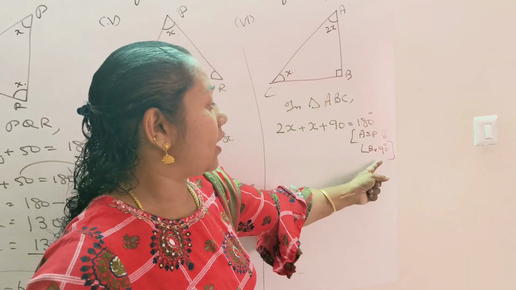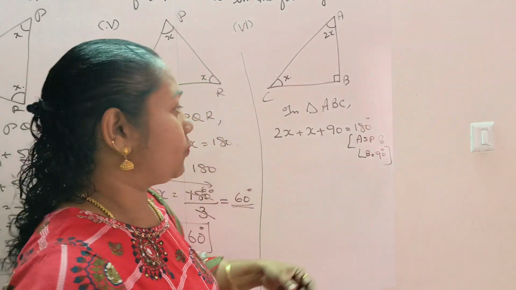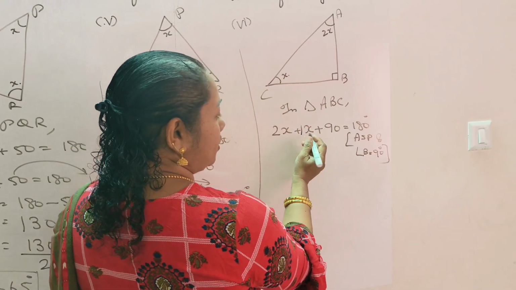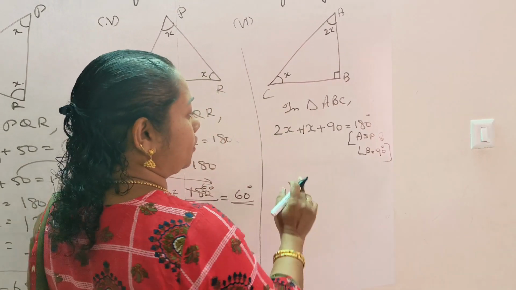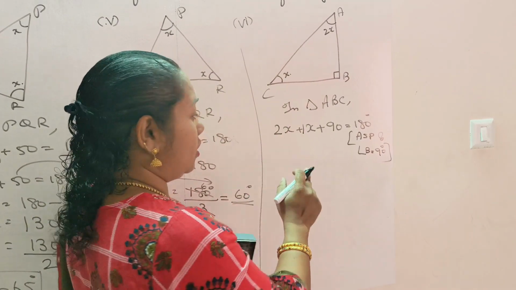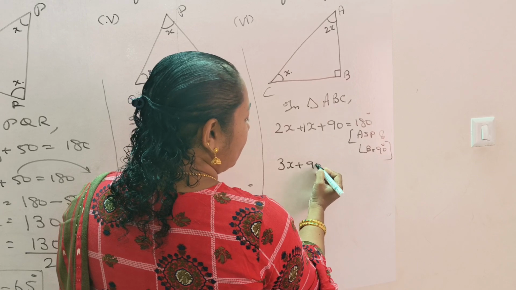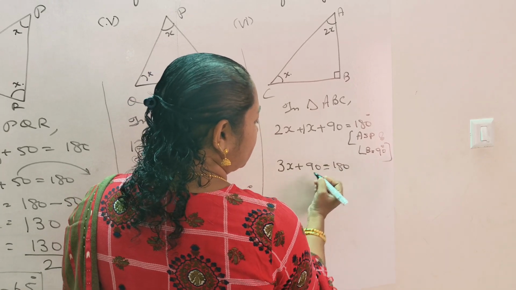So we have to write angle B is equal to 90 degrees also. Okay, so 2x plus x means 1x. You should know that x means 1x. So 2x plus 1x is 3x plus 90 is equal to 180.